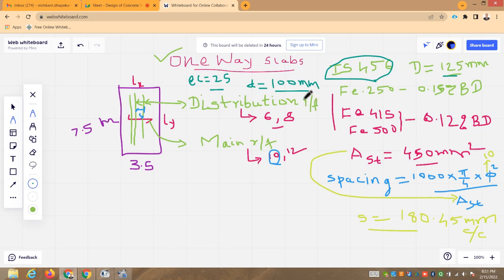Now, if the effective depth is 100 millimeters, what are the criteria for spacing to be provided? The first is 3 times the effective depth, which means 100 multiplied by 3, and it is coming 300 millimeters.